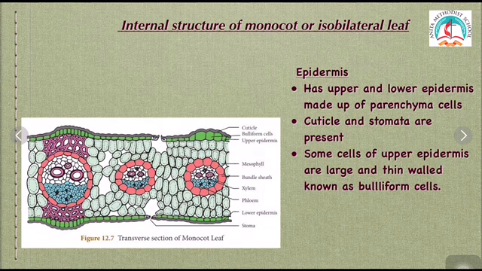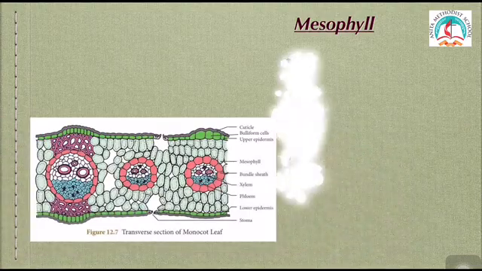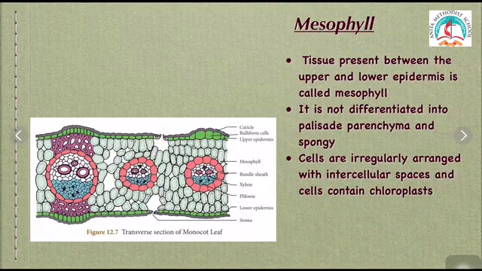Some cells of upper epidermis are larger and thin walled, known as bulliform. You can see these cells are a little bit bigger. So these are called bulliform cells, which are found in upper epidermis. The next one is mesophyll. It is the ground tissue that is present between both epidermal layers.